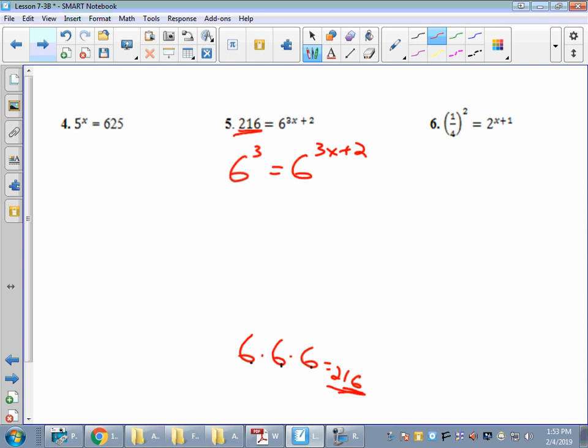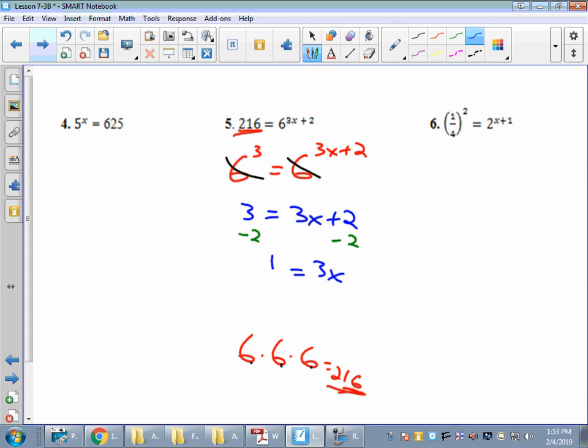And now I'm in a situation where I can go ahead and solve. I can get rid of these 6's and just focus on the exponents, put them equal to each other. So I've got 3 equals 3x plus 2. Solving equations, I would subtract 2 first from both sides. So now I have 3x equals 1.